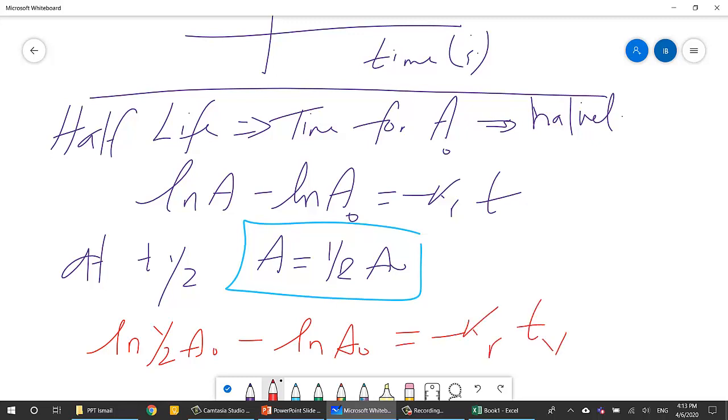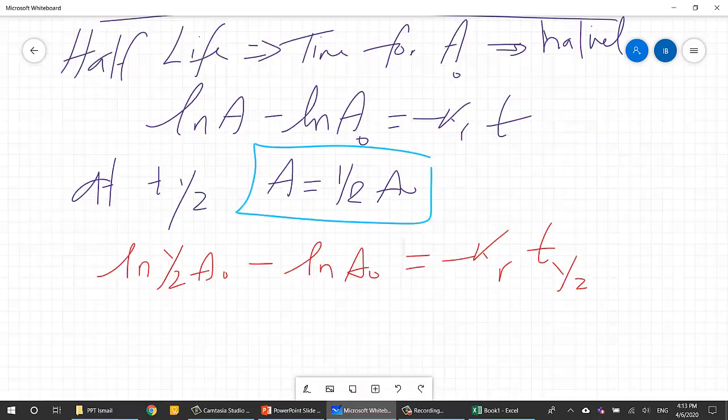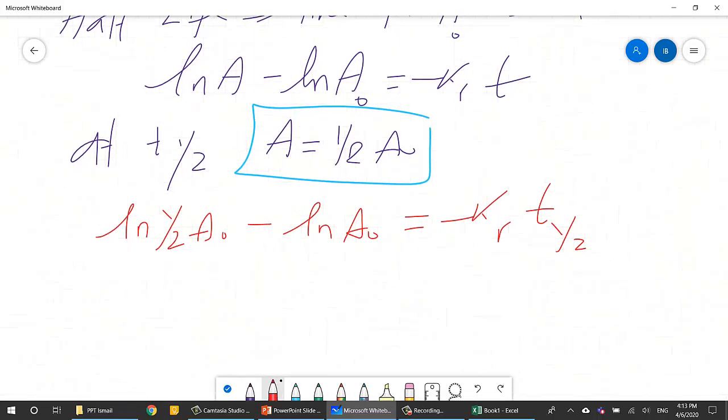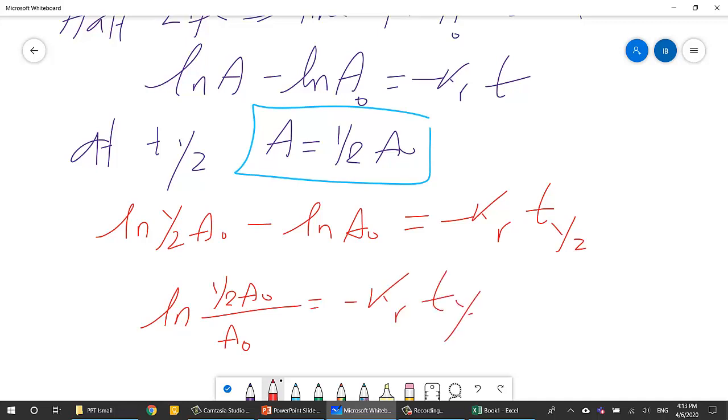I'm just going to name this t half for now because I'm working with t half. And okay, that's nice. So remember that ln X minus ln Y is equal to ln X over Y. So that's ln of half A naught divided by A naught is equal to minus Kr times t half.